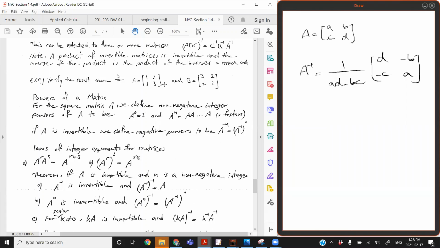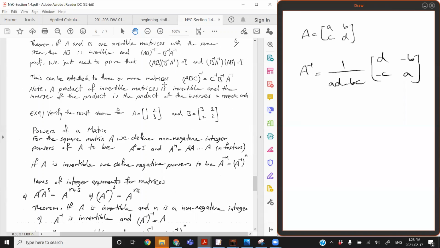That means, according to this theorem, AB must also be invertible, and the inverse of that must be B inverse times A inverse. So this is what I want you to do. Find A inverse, find B inverse, find the product B inverse A inverse.